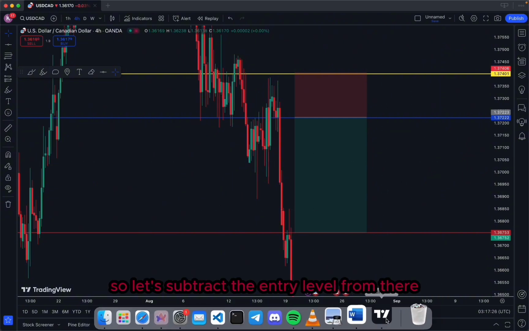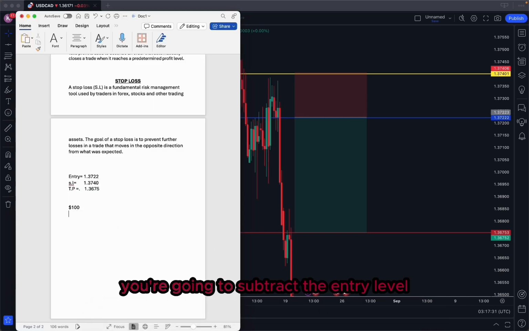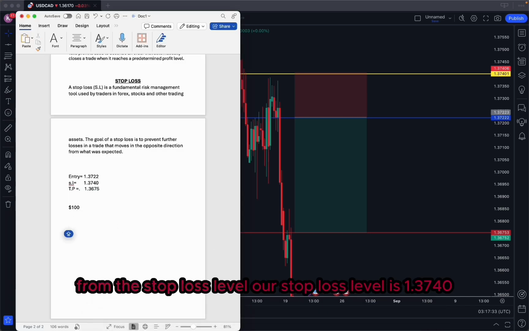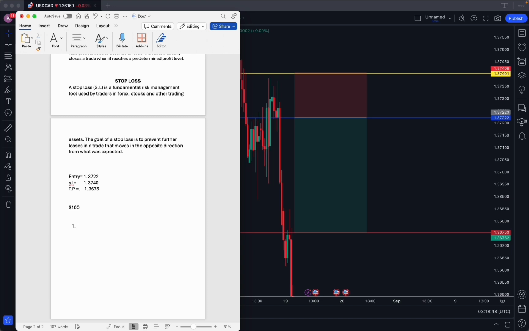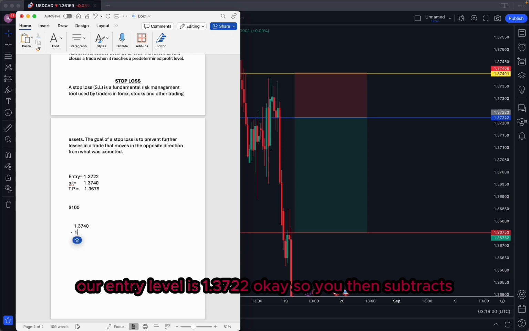So let's subtract the entry level from the stop loss level. Our stop loss level is 1.3740, and our entry level is 1.3722.